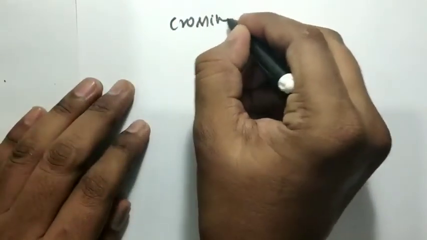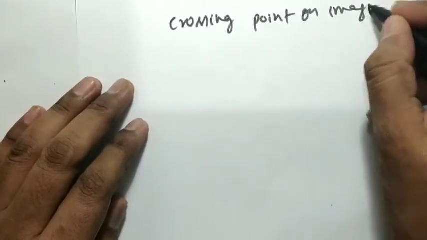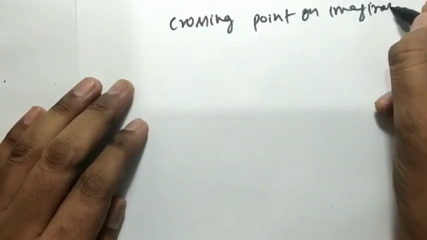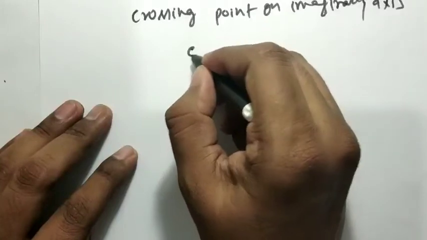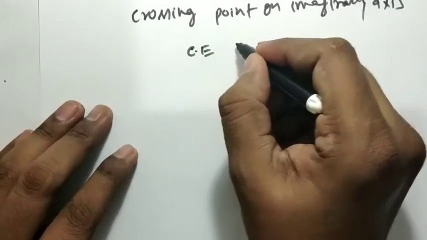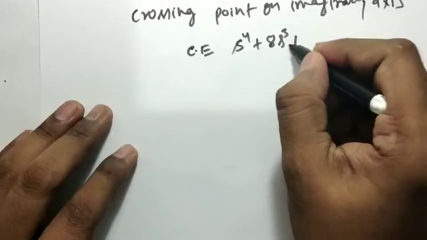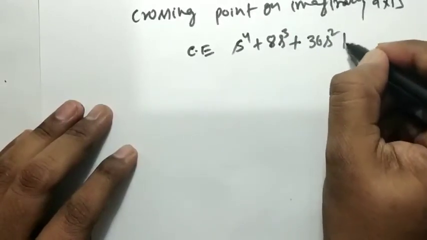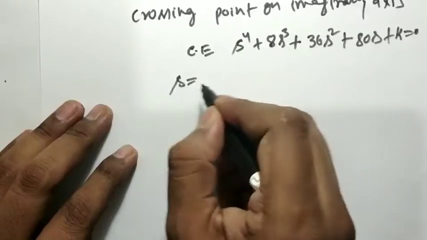That is s to the power 4 plus 8 s cubed plus 36 s square plus 80 s plus k is equal to 0, right? You substitute s is equal to j omega, so you will get it.